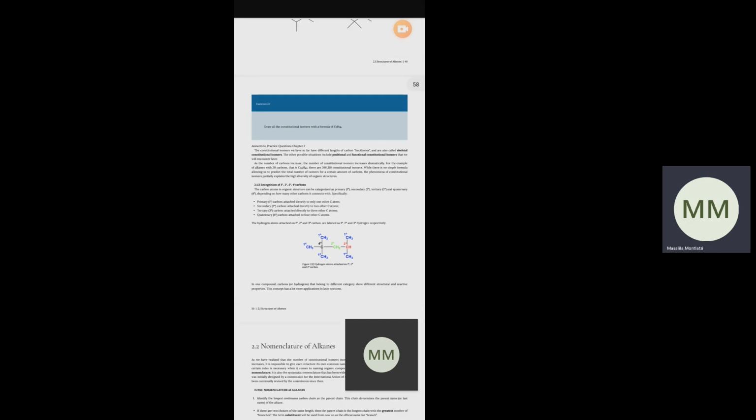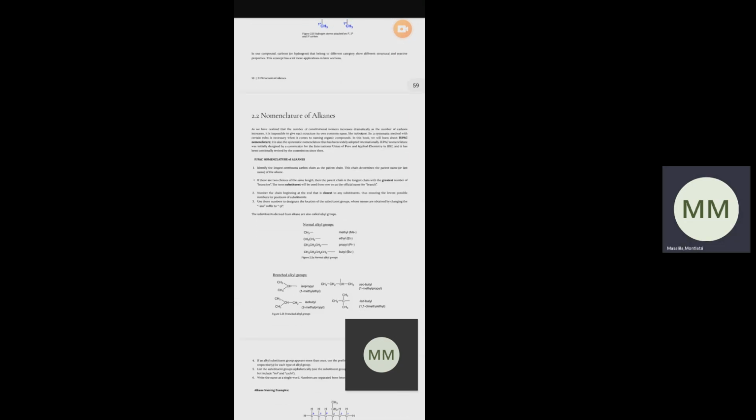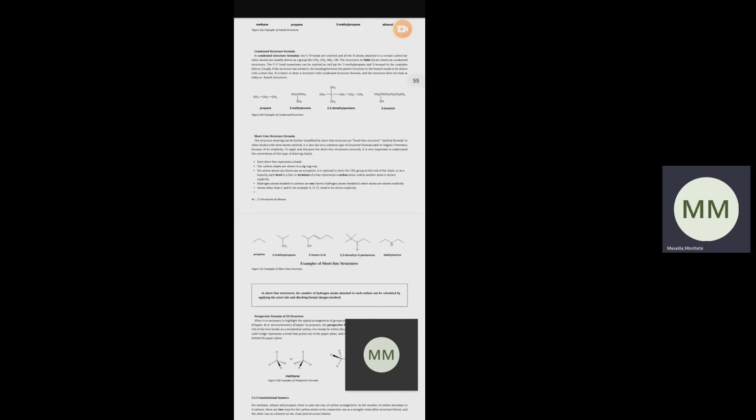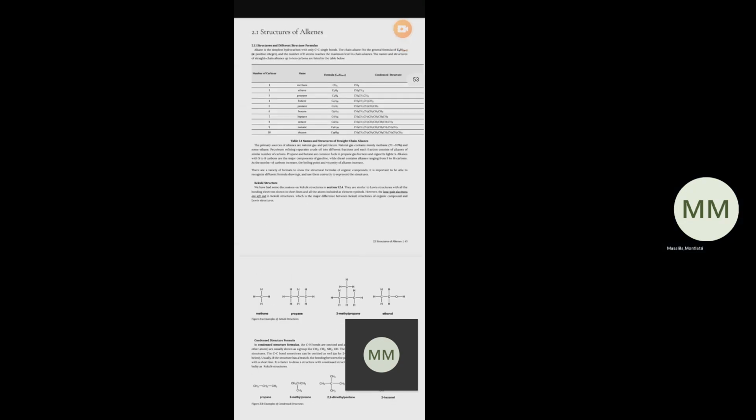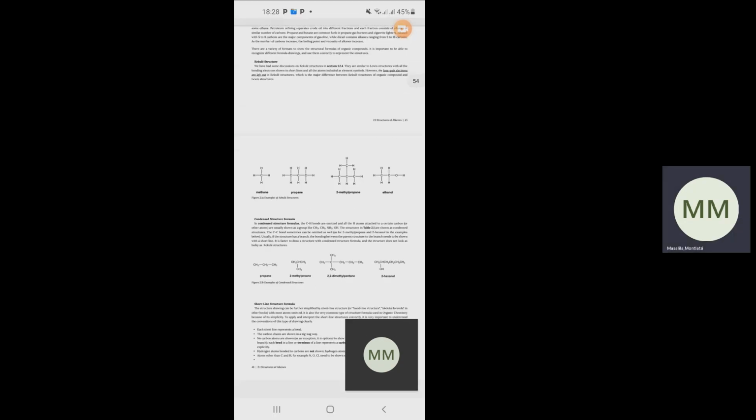Don't worry about them. We'll look at them deeply. But for now, let's just look at the structures.